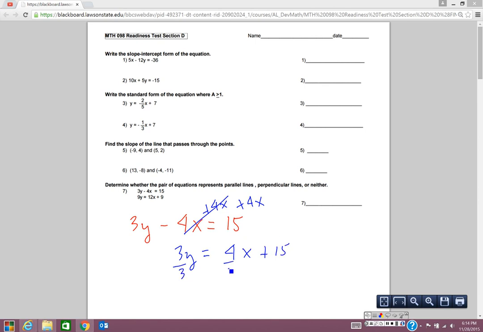Divide by 3. And we can see that the slope here is the coefficient of x, or when it's in slope-intercept form, it is the number that represents m. So this is the slope. m equals 4/3.